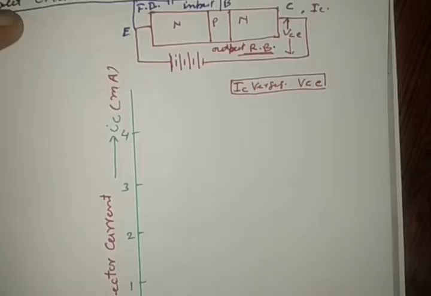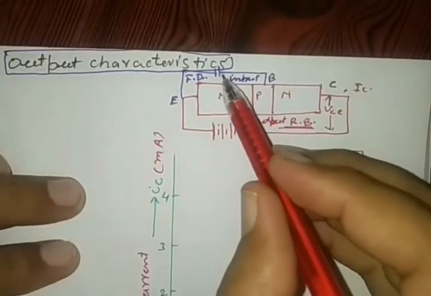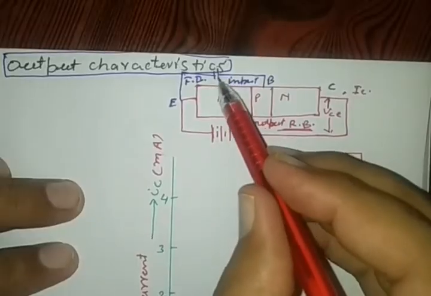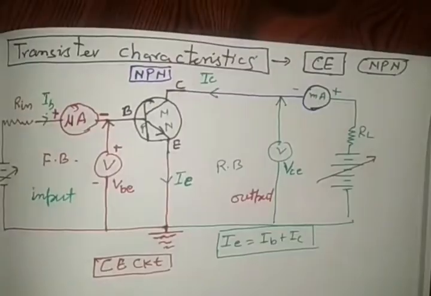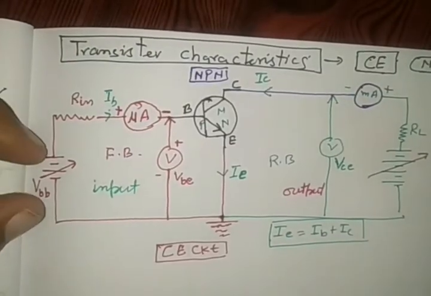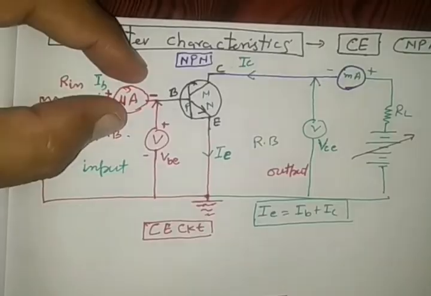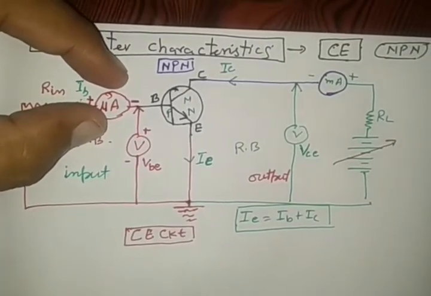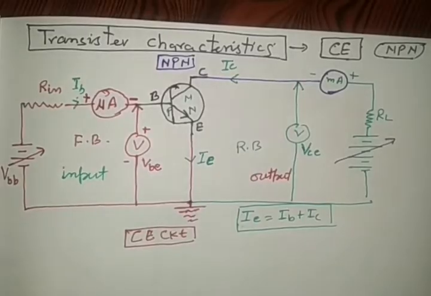Now what is done in this circuit? The voltage is kept constant, as it is connected in such a way that, see in the circuit diagram, the potential is made so that some current flows in it, right? So the base current is kept constant.